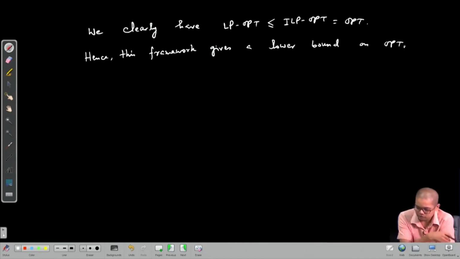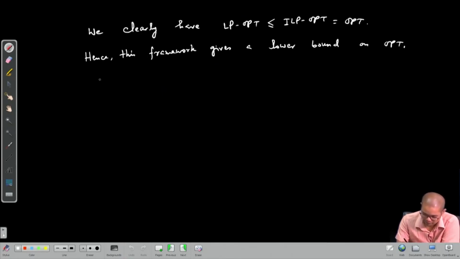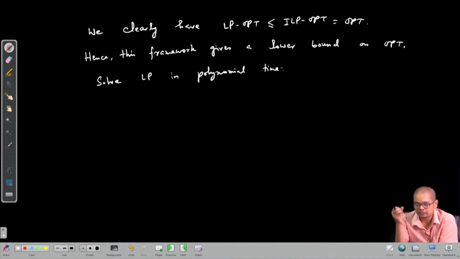Next, we solve the LP. The idea is to solve the LP in polynomial time. That can often be done because linear programming is in P. Every linear program can be solved in polynomial time. That means an optimal solution can be found in polynomial time.